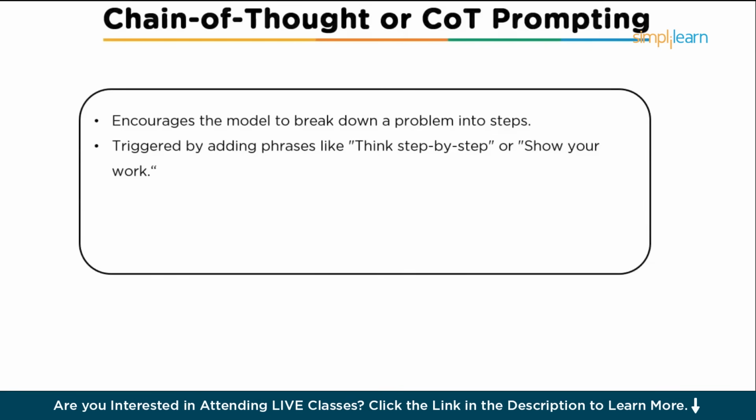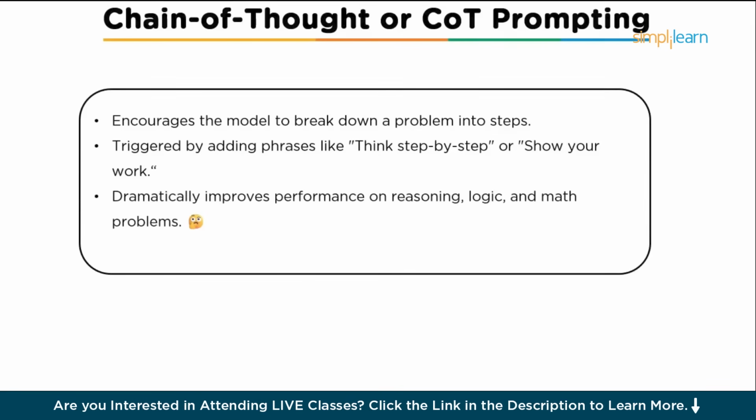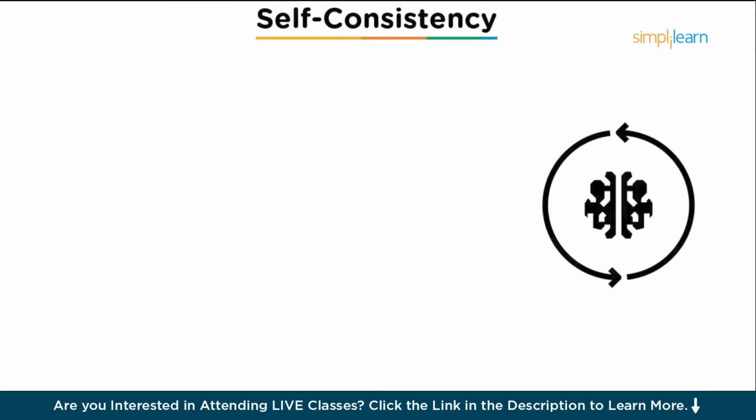The results are dramatic improvements in the model's performance on complex reasoning, logic, and mathematical problems, as it forces the AI to process information sequentially. A significant added benefit is that it exposes the model's underlying reasoning process, making its decision making transparent and much easier to debug or understand its failures.